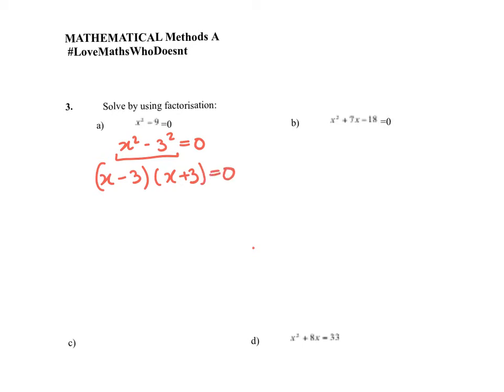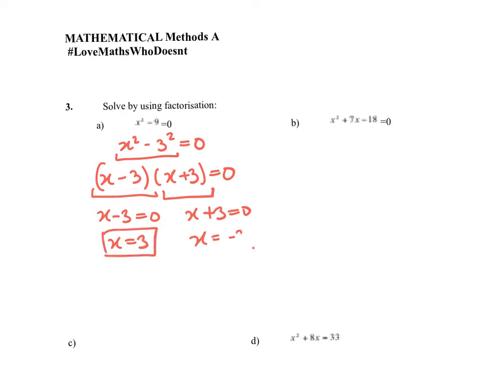This is going to be equal to 0 only if x take away 3 is equal to 0 and if x plus 3 is equal to 0. So solving it, x is equal to 3 and x is equal to negative 3. So two solutions.